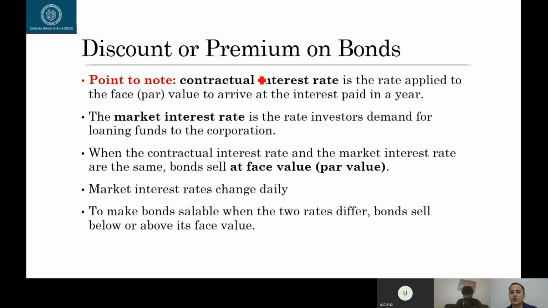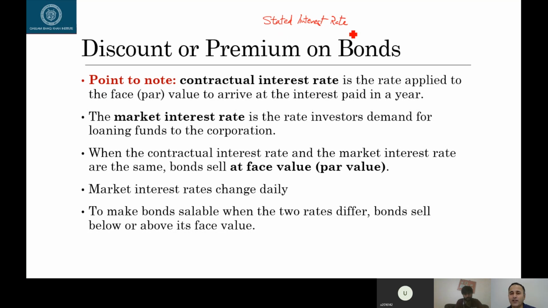Contractual interest. Every bond, if you remember, I showed you the picture of a bond. Do you remember that, Junaid, from my first lecture? Yes, sir. It had what they call the stated interest rate, written at one corner of that piece of paper.